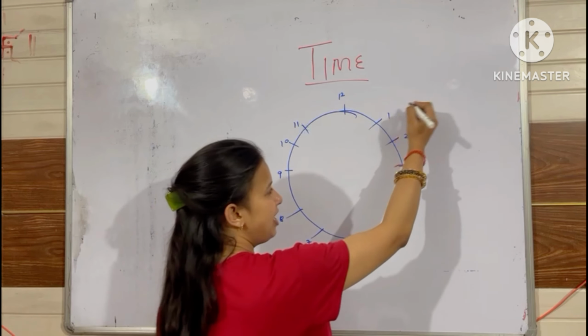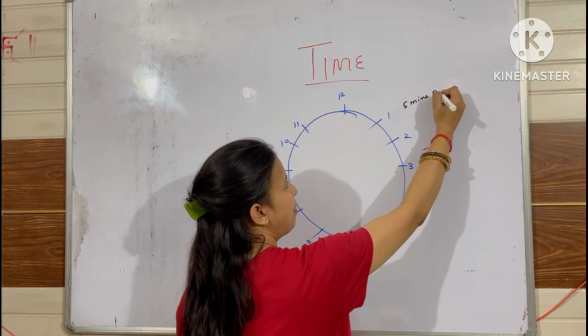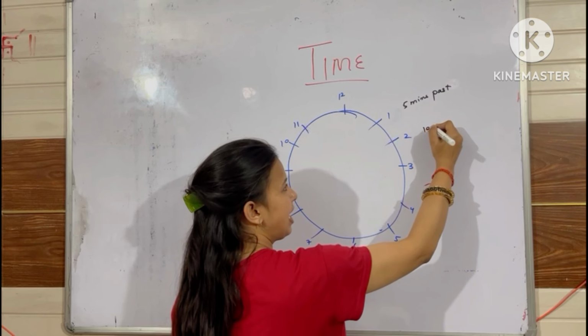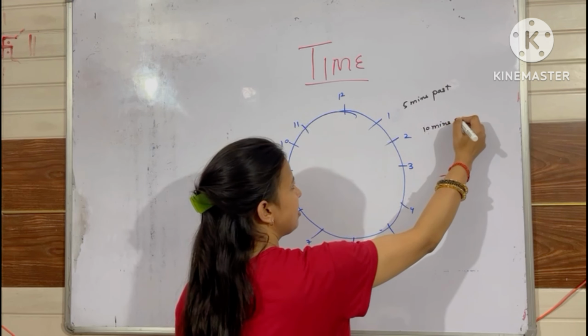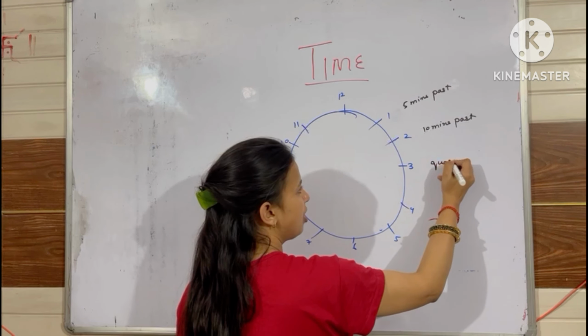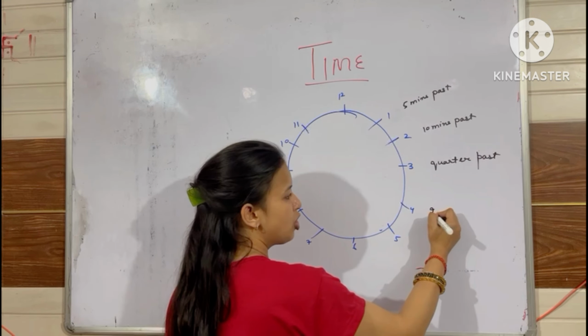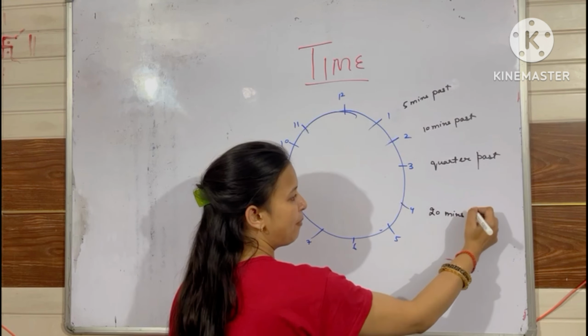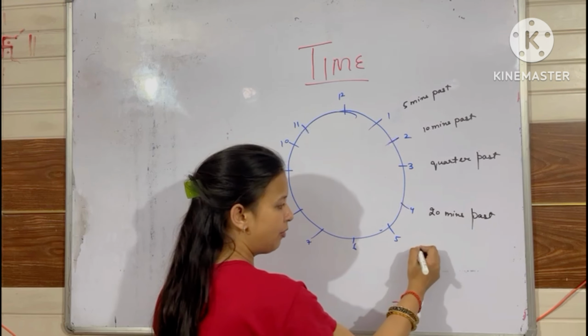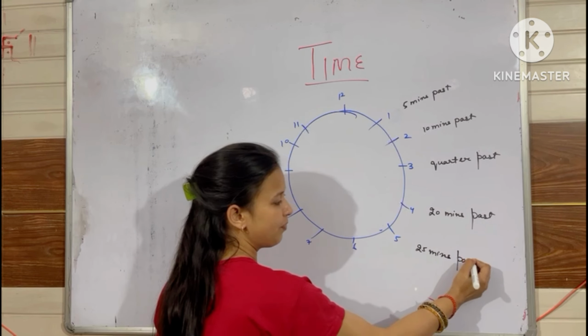Now, here we say 5 minutes past. We say 10 minutes past. Here we say quarter past. Here we say 20 minutes past. Here we say 25 minutes past.